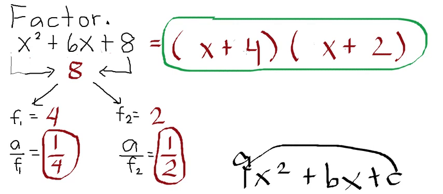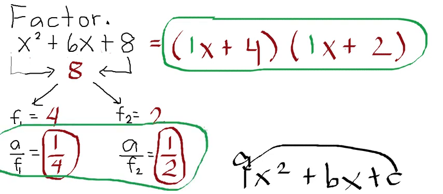Now, kung mapapansin nyo, parehas lang naman na 1 yung nakalagay dito sa mga coefficients kanina nung x. Ibig sabihin, kahit na hindi ka na gumamit ng AC method dito, yung kumpletong AC method kung saan hahanapin mo pa etong a over f sub 1 at a over f sub 2, okay lang. Kasi ang x squared ay equivalent naman talaga sa x times x.